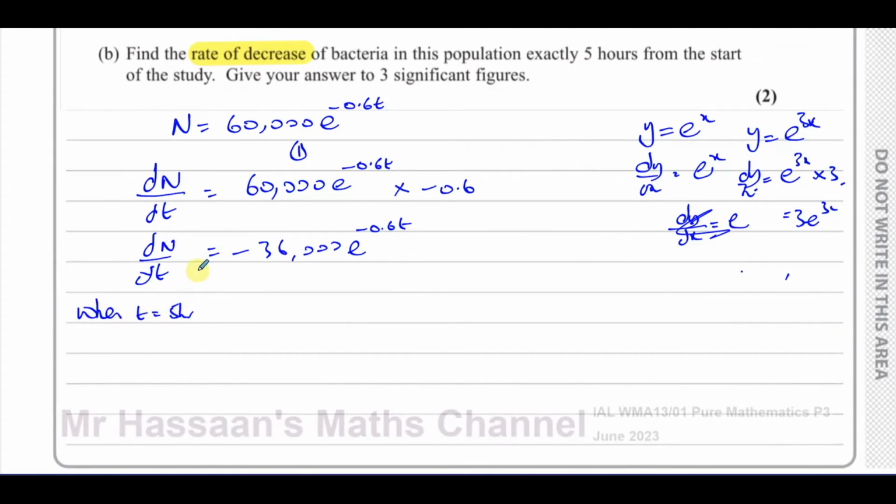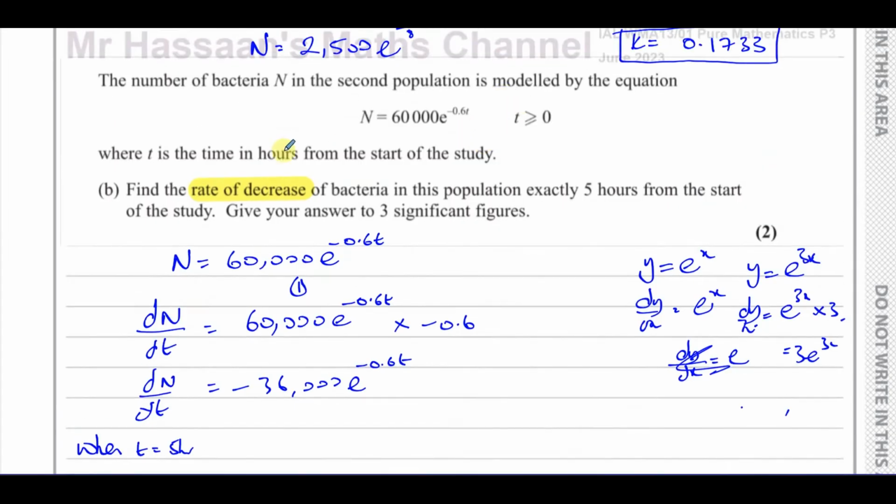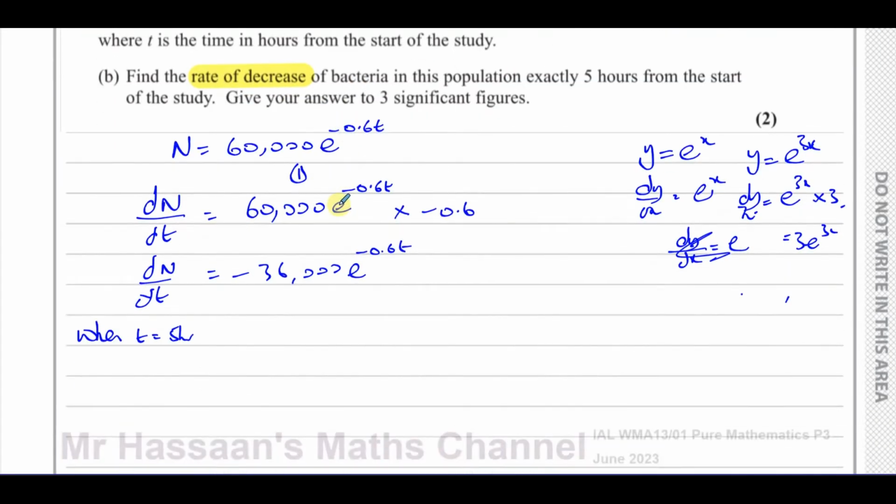Okay, now we want to find what dN/dt is when t is equal to 5 hours. And we know that t is in terms of hours from the start of the study. So we want to find the value of dN/dt when t is 5.